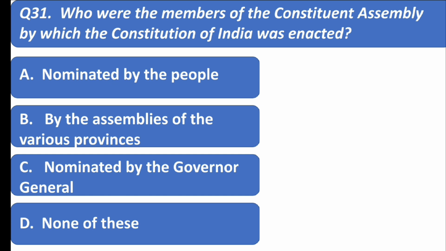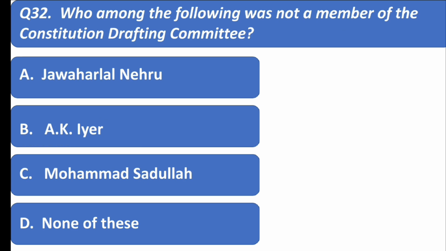Who were the members of the Constituent Assembly by which the Constitution of India was enacted? Answer is option B. By the assemblies of the various provinces. Who among the following was not a member of the Constitution Drafting Committee?